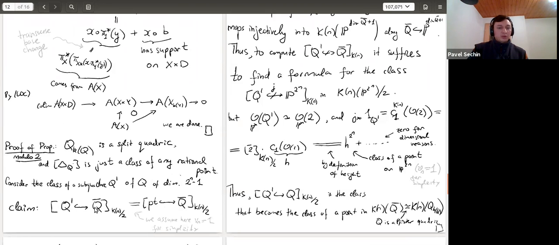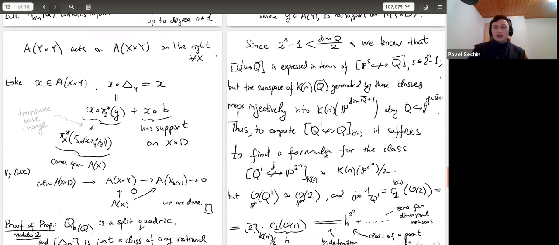So we want to compute the class of a subquadric in the split quadric over an algebraically closed field. It's a very geometric question and has a very simple answer.